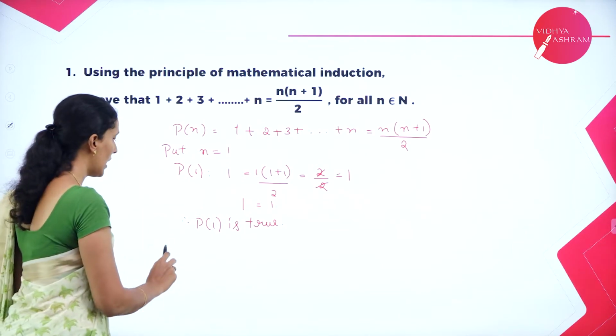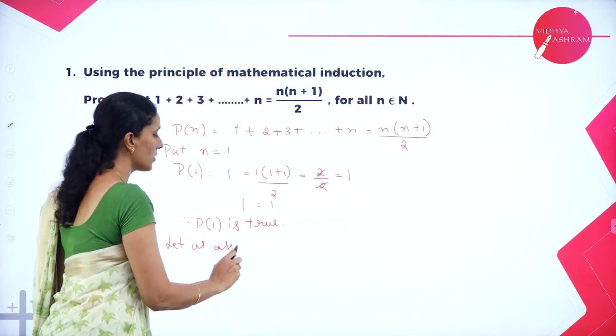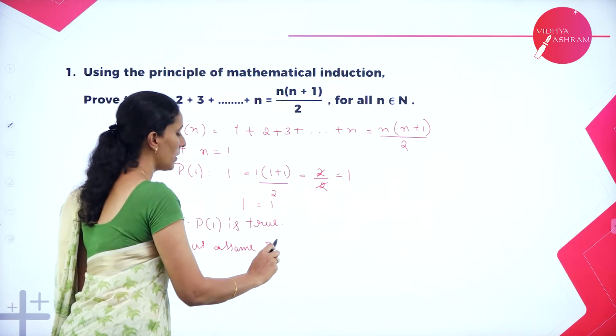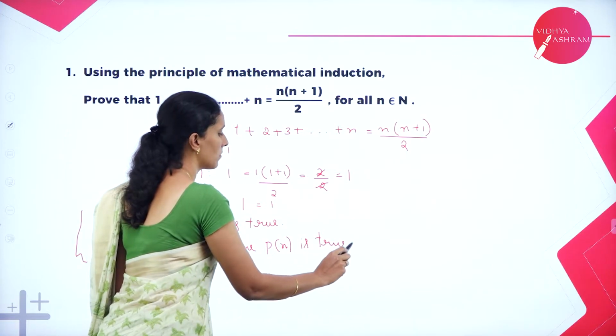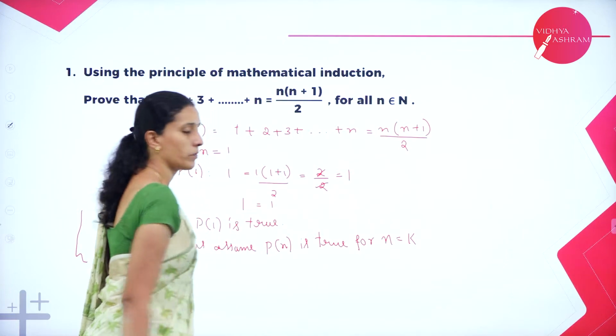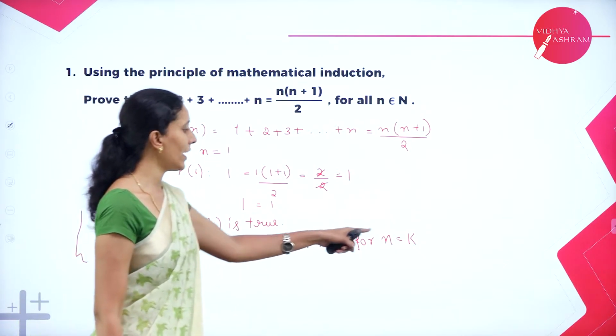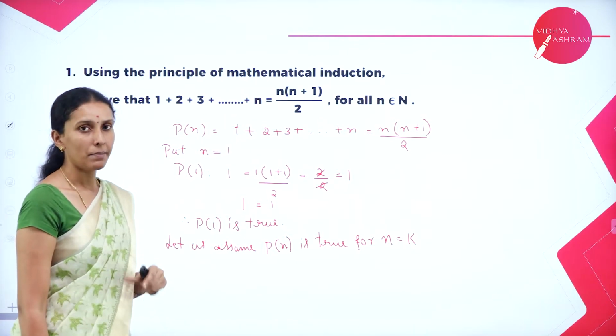Next, let us assume P of n is true for n is equal to k. Suppose we take n is equal to k, we have to replace the statement by k.